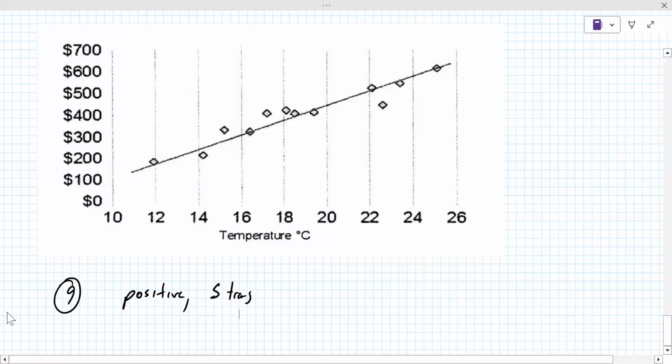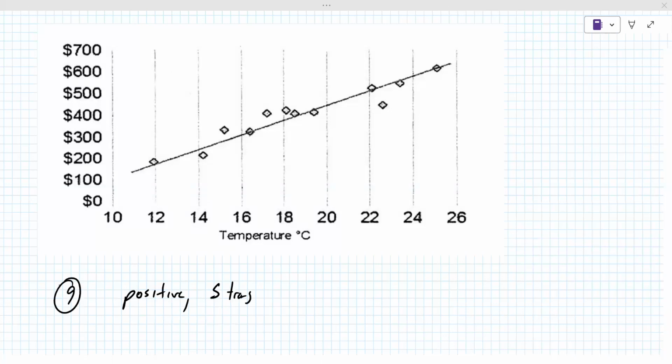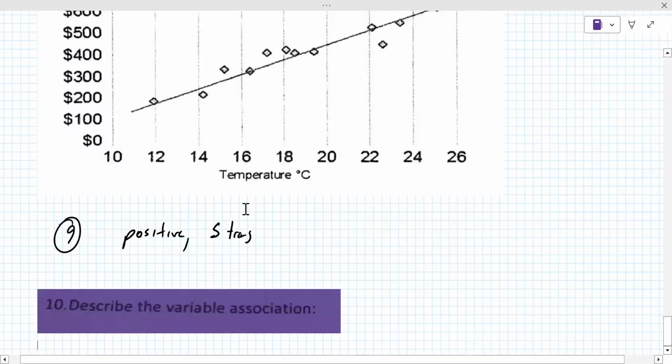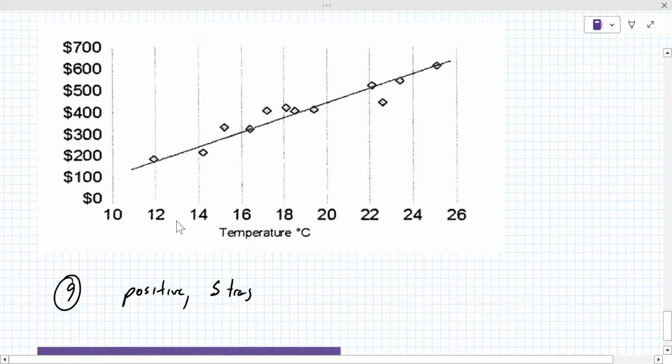Okay, the next one here is to describe the variable association. We have to talk about the x values increasing and what that means. So what is the x value here? What's on the x-axis? The temperature. And on the y-axis, let's call it energy cost.